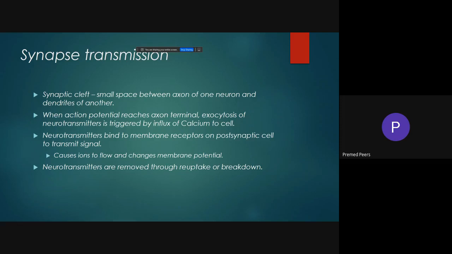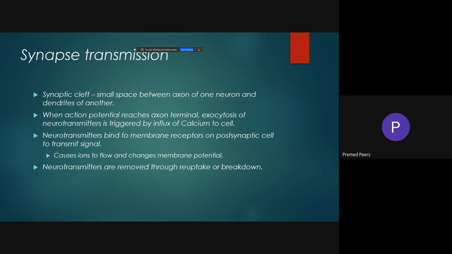These bind, and it might be an ion channel, or it might be a signaling pathway. Somehow downstream, it changes the membrane potential, and usually that's by opening ion channels. We might call the neurotransmitter a ligand. These are ligand-gated channels. So we open up a channel, we cause ions to flow, and that's going to change the membrane potential somehow. And we'll see why that matters in a minute.